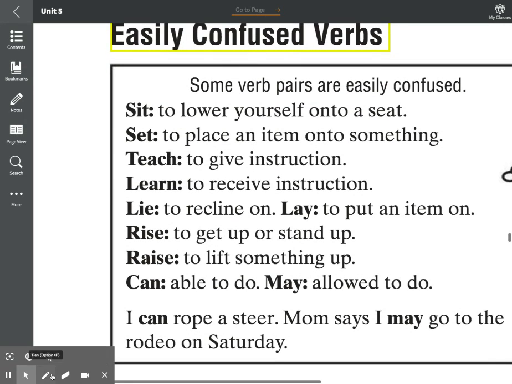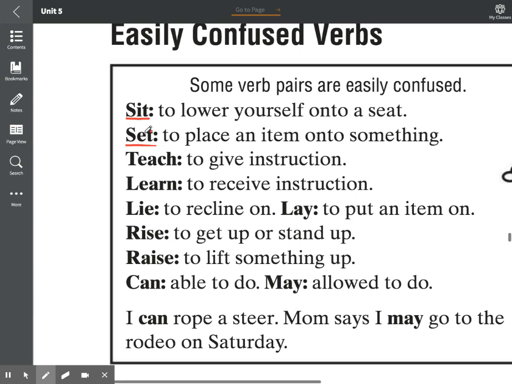The first one is sit. We already know what that means, to lower yourself onto a seat. This verb can be easily confused with set, which has a different meaning, to place an item onto something. So when you sit down, it means that you lower yourself onto a seat, a chair, or a couch, or wherever you want to sit down.